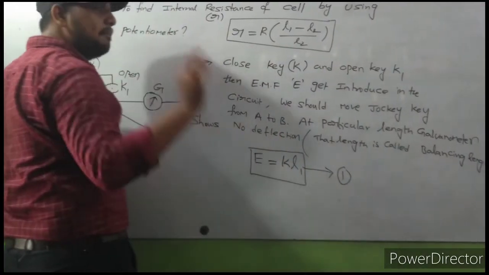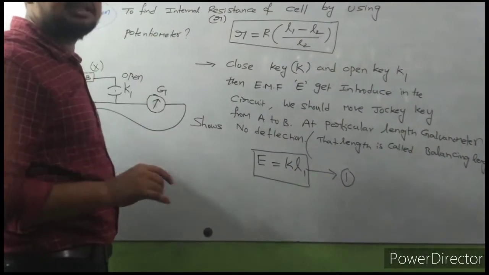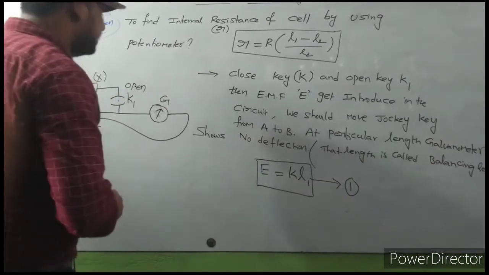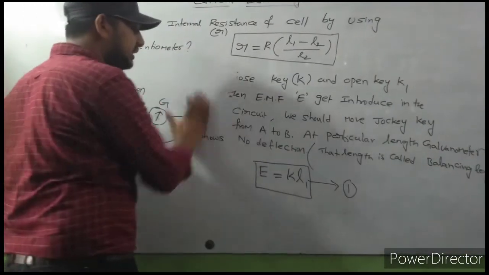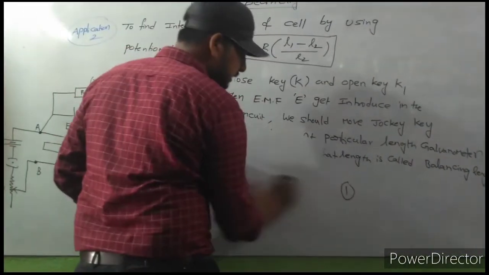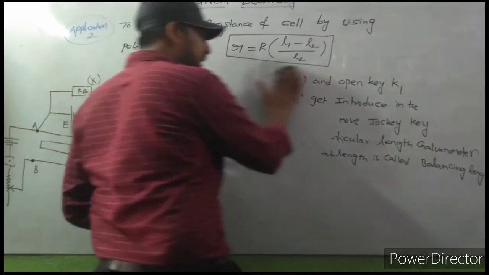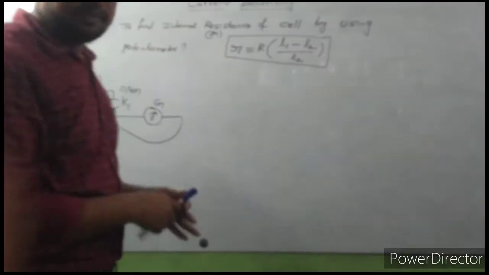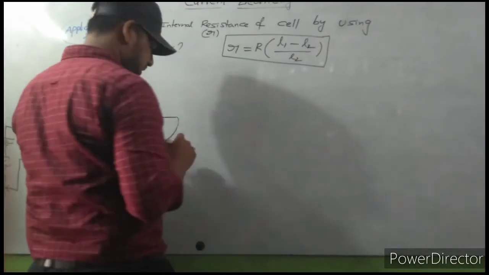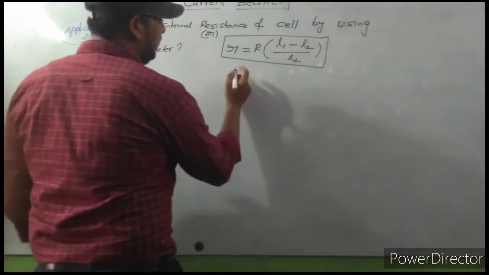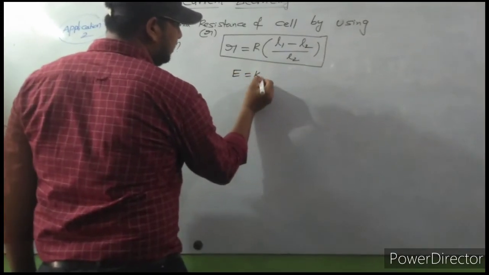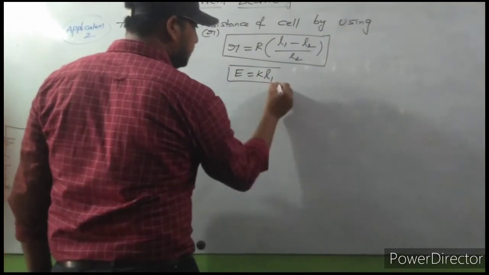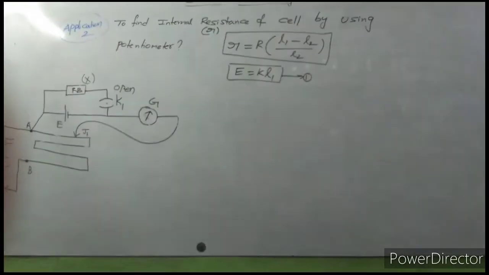Here K means potential gradient. So the EMF of the cell is E equal to K into L1. This is equation 1. Now observe carefully.